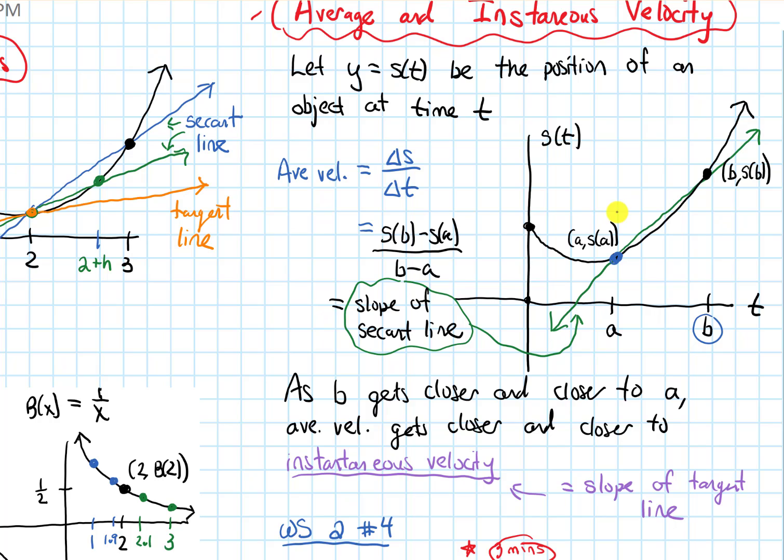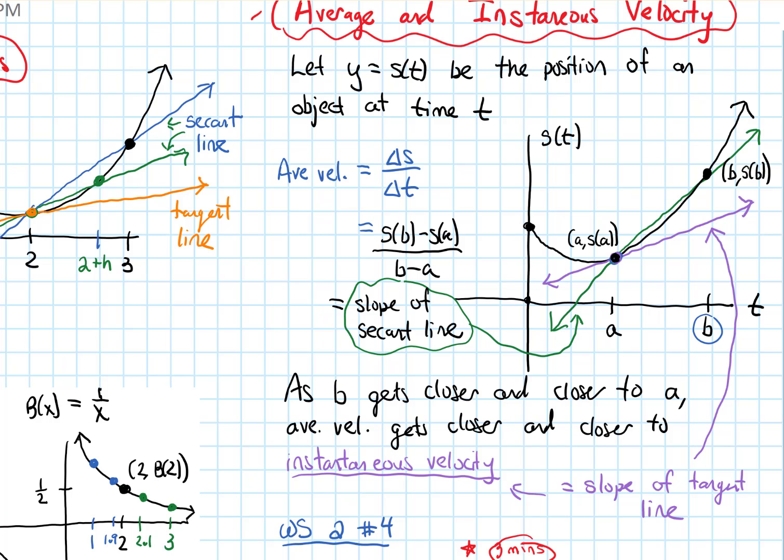All right, so if I draw on a tangent line, I have to draw a line at a that sort of matches how steep the graph is right at that point. And it seems like that'll be something like this. All right, so the slope of my tangent line, that is representing my instantaneous velocity.